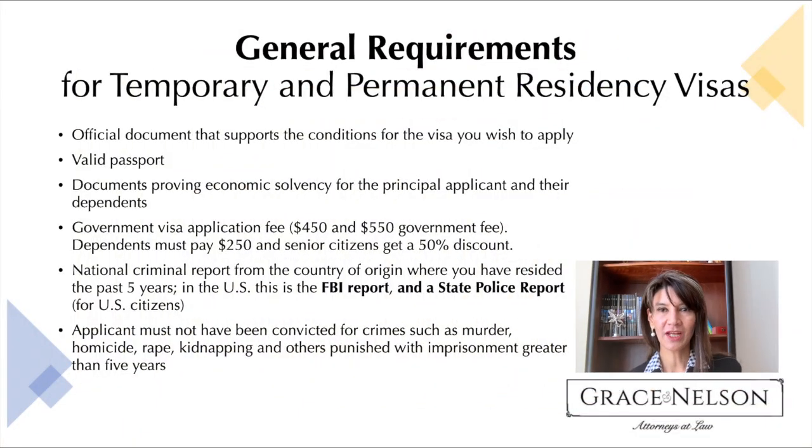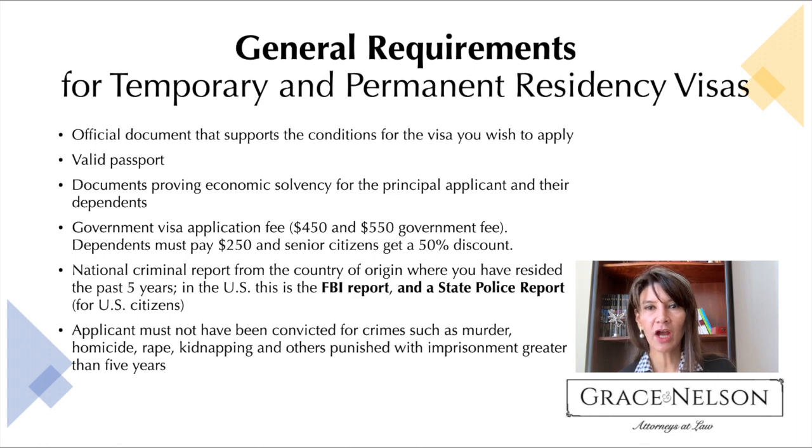Also, if the permanent resident has a dependent that is disabled, that person is also a dependent of the permanent resident, and you have to provide the documents that prove so. You have to show proof of solvency, and you have to not have been convicted for murder, homicide, rape, kidnapping, and or other crimes punished with imprisonment greater than 5 years to be able to apply for the permanent residency.